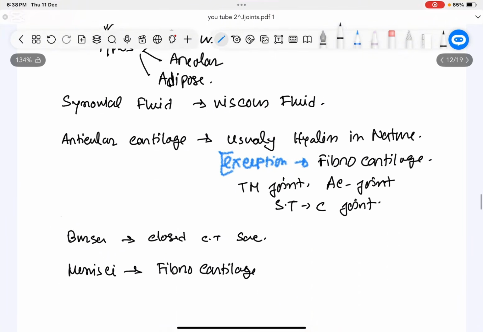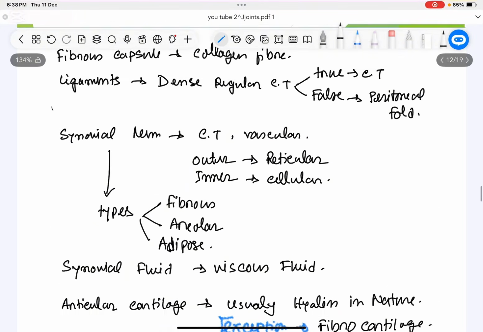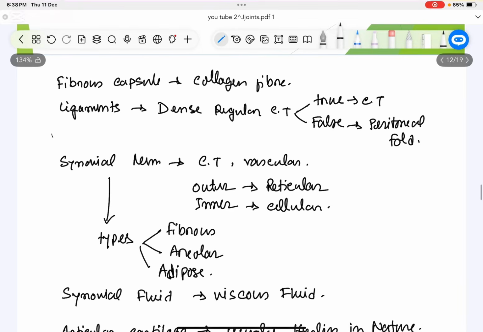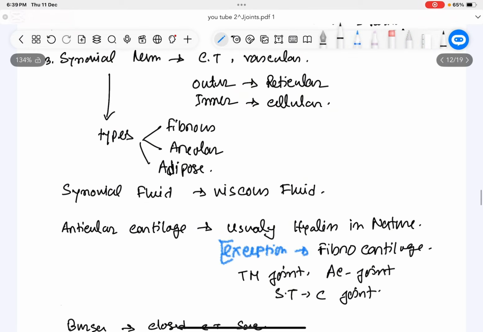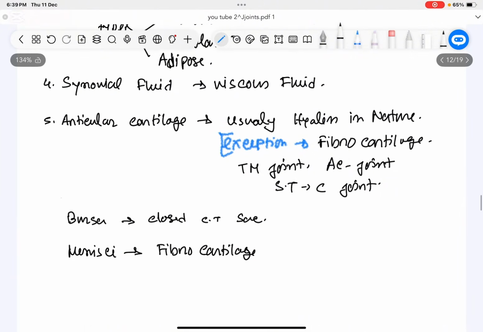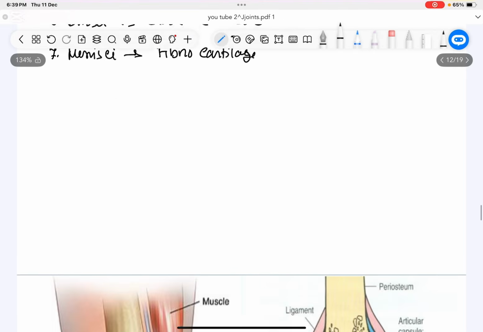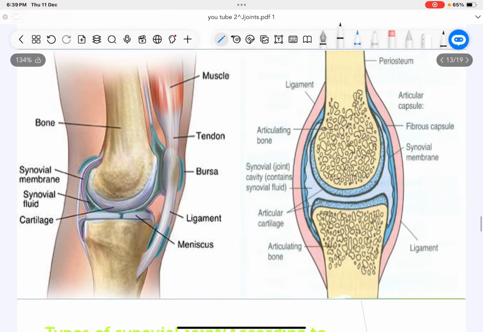So these are all synovial joint properties: fibrous capsule, ligament, synovial membrane, synovial fluid, articular cartilage, bursa, and menisci.